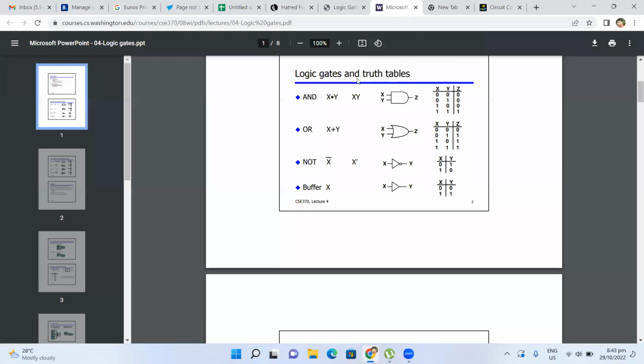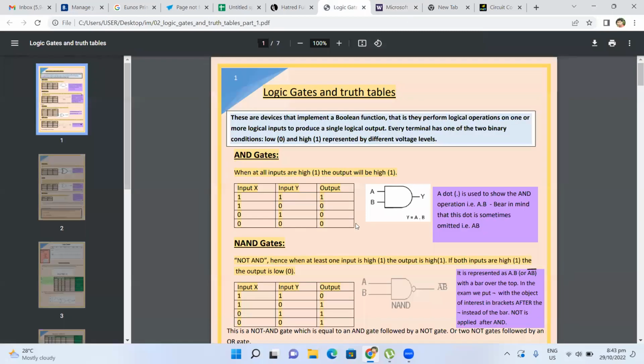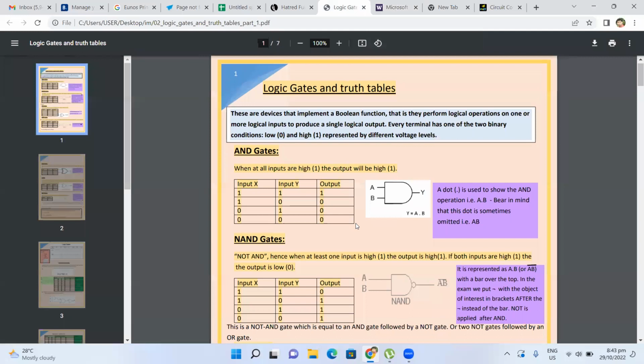Okay, AND gate or the AND logic. When all inputs are 1, output is 1. So this is actually explained using a dot, the AND operation, A dot B. Sometimes we can omit the dot and write A dot B as the AND gate. Right? This is the first logic that we have discussed. So X and Y are inputs.